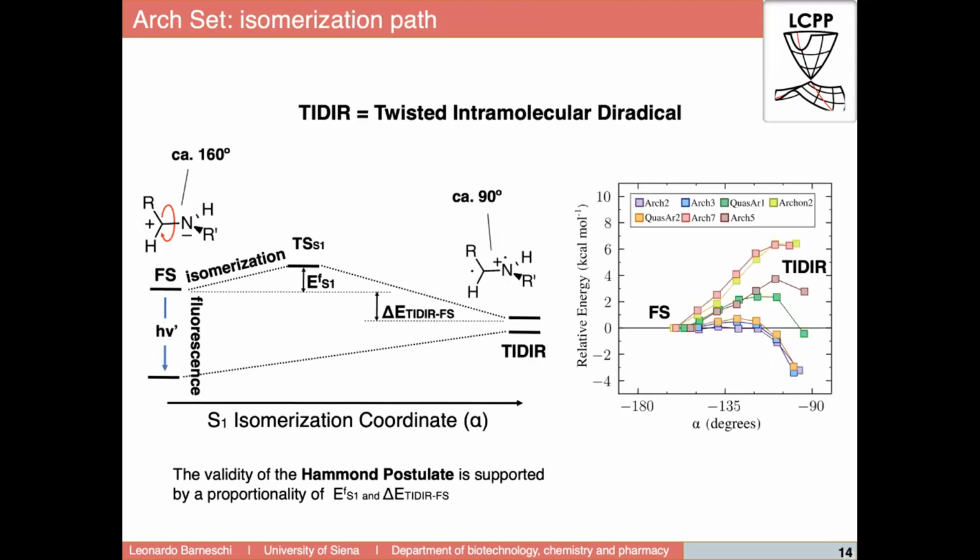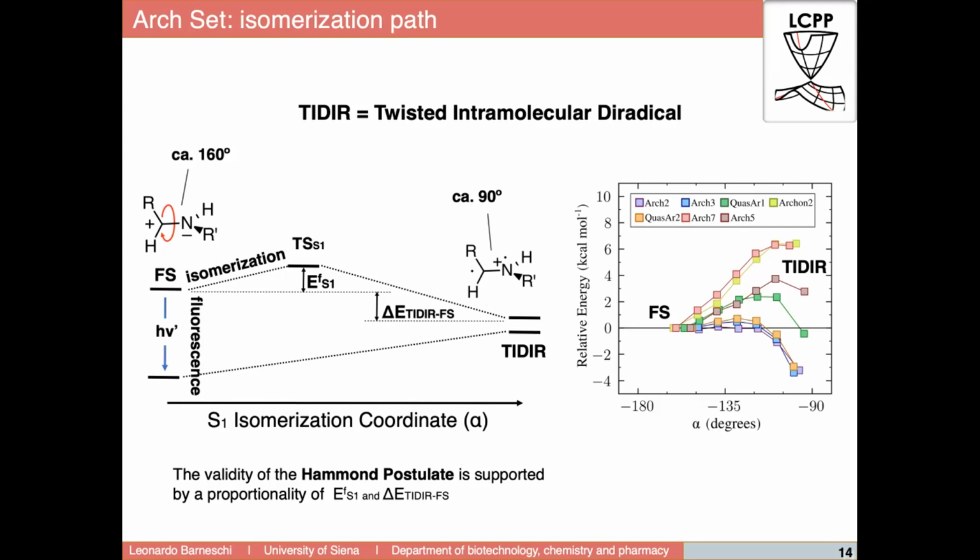Most importantly, as I said before, we investigated the first excited state potential energy surface by scanning the torsional coordinate that drives the 13-cis isomerization. We find that the difference between the least fluorescent models and the most fluorescent ones is a barrier which increases in magnitude with a very good trend.